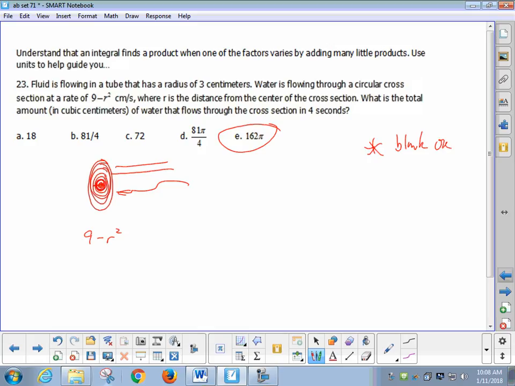Now that's the hard part. How do I find that? I'm looking for the volume rate. It has to do with, first of all, how fast it goes through, but then how much area. How do I find the area of that black ring?